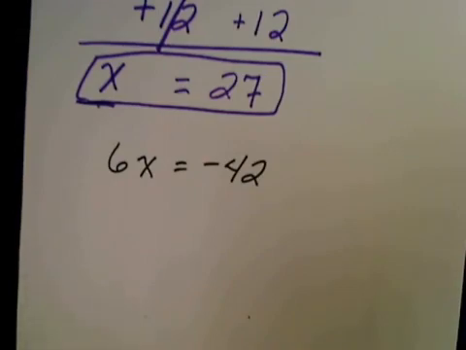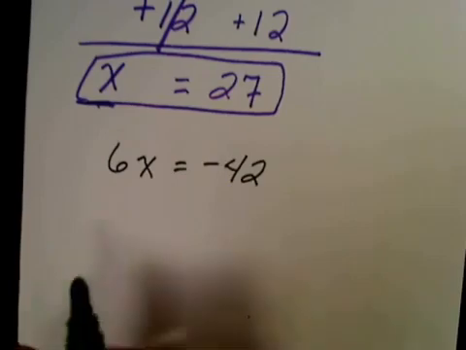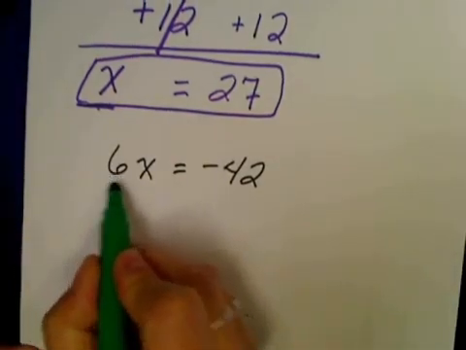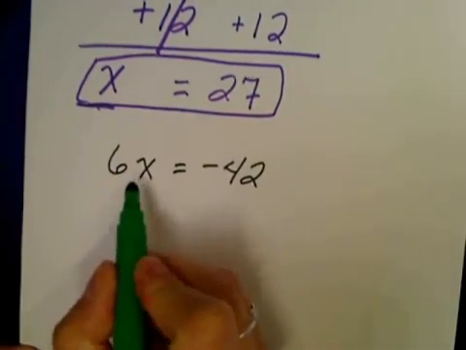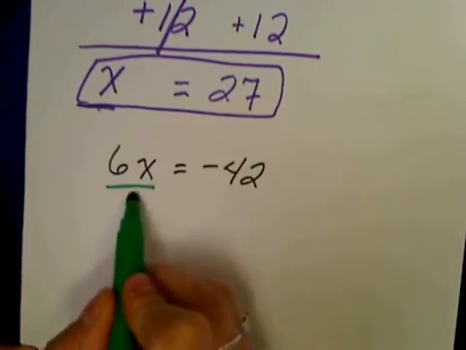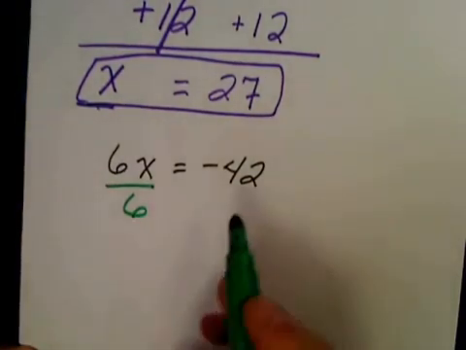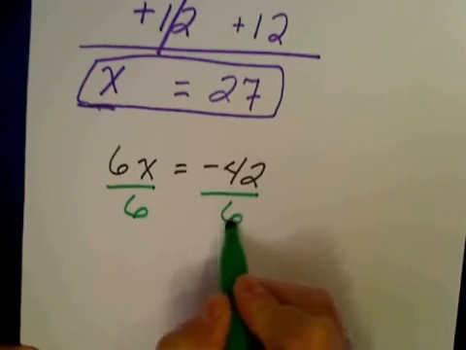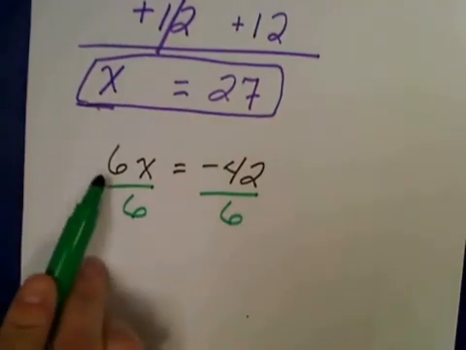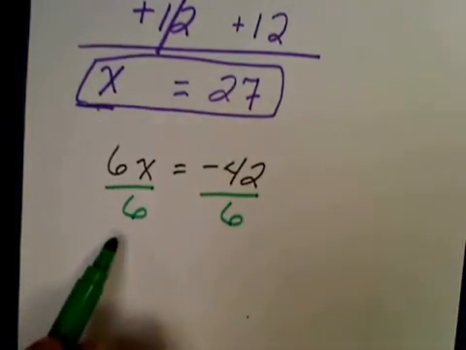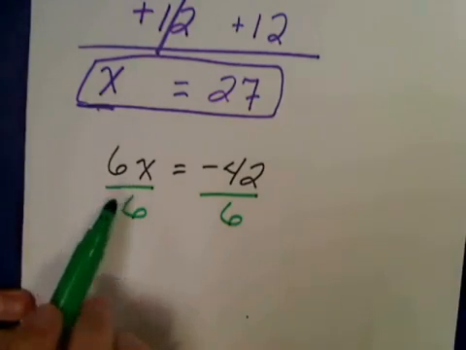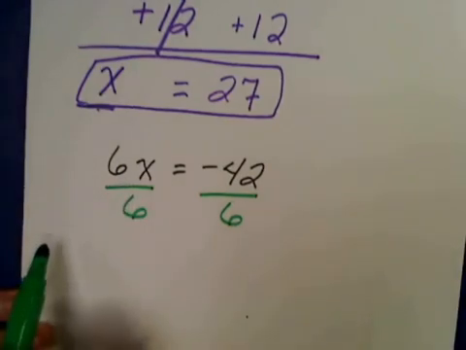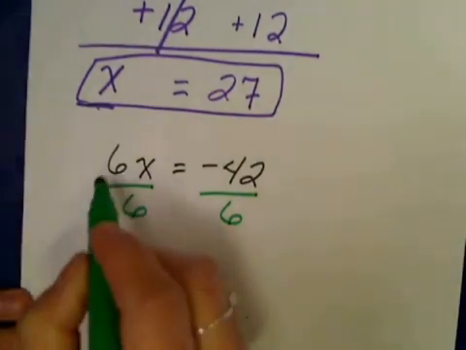To undo multiplication, we would have to divide. So when you have just a number next to your letter, divide to get it by itself. Whatever you do to one side, remember you do to the other side. In this case, 6 divided by 6 is not 0, because then you'd be left with 0 times x, and that would go away. Any number divided by itself is 1.